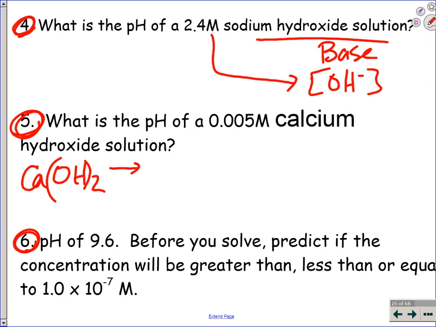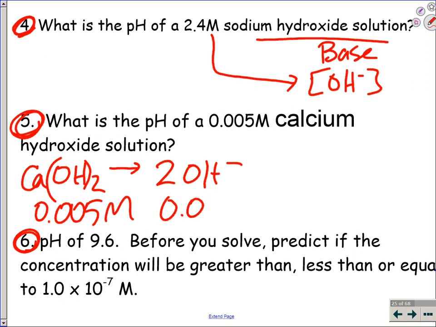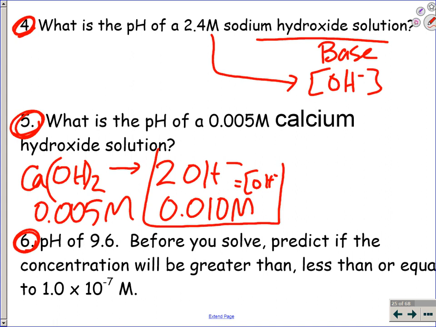So if this is provided as 0.005 molar and it makes double hydroxides, what's the true concentration of hydroxide? 0.01 molar. So that is the hydroxide concentration, and that's how you would start, not with the original number. That is no longer important. This is the only thing that's important. And then how do we get to pH from here? pOH and then pH. Okay, you guys know your equations at this point.